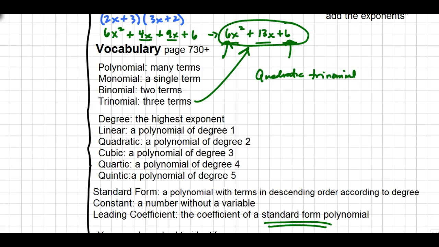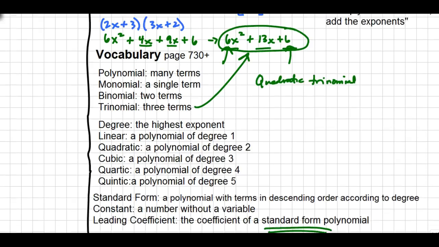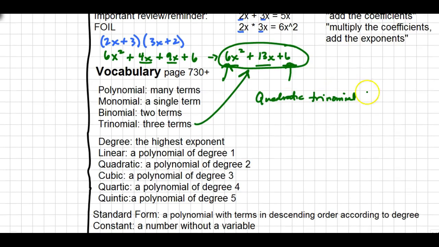And then oftentimes they ask you to say what polynomial it's in, meaning what variable you're working with. So in this case we would say a quadratic trinomial in x, because that's the variable that's in it. It's not in every term, but it's the main variable that's showing up. And we'd say that that is the name of this polynomial. That would be the specific way we could describe it.